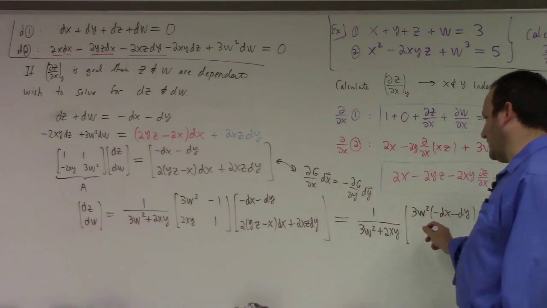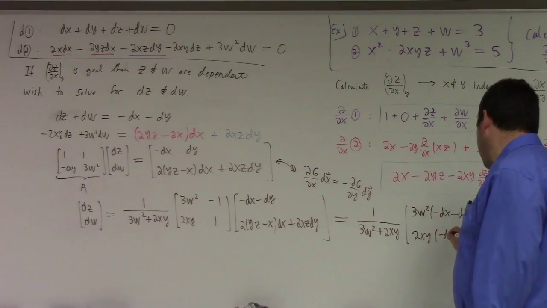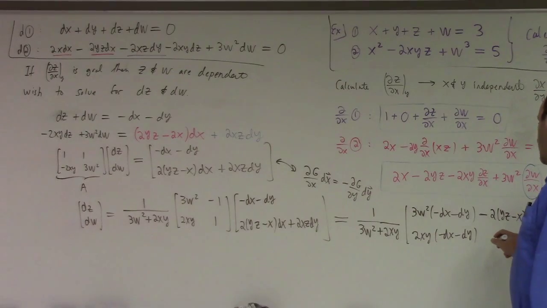And then downstairs I get 2xy times minus dx minus dy plus 2 times yz minus x dx plus 2xz dy.